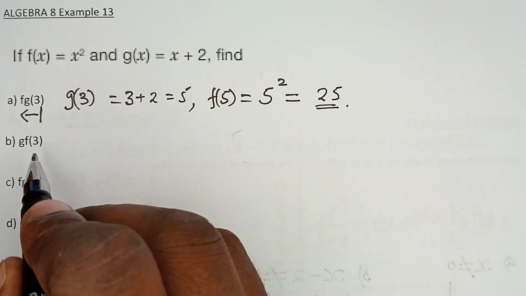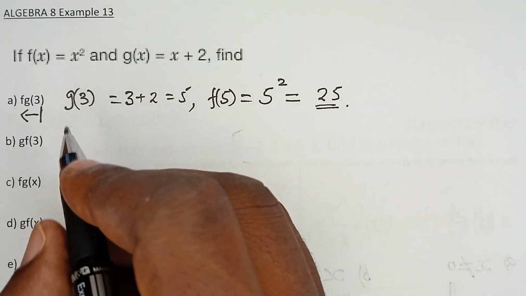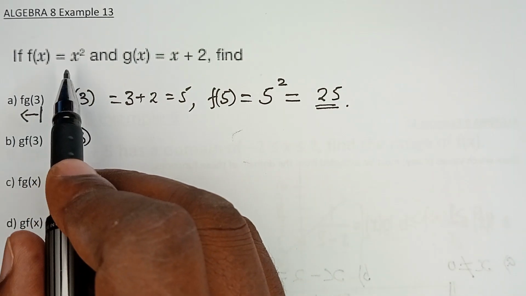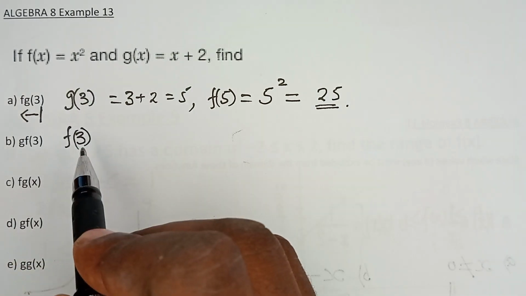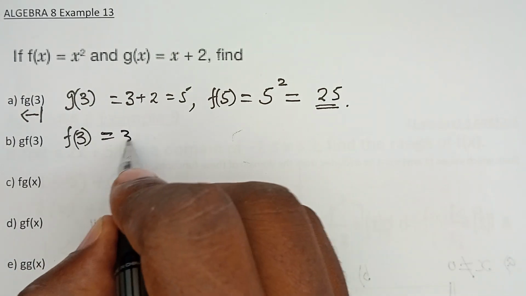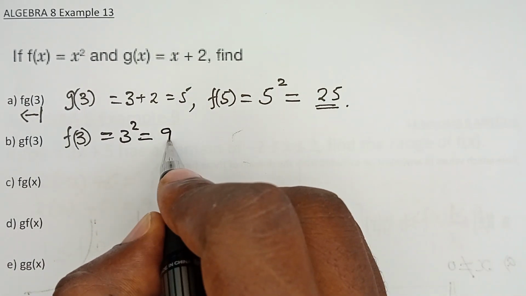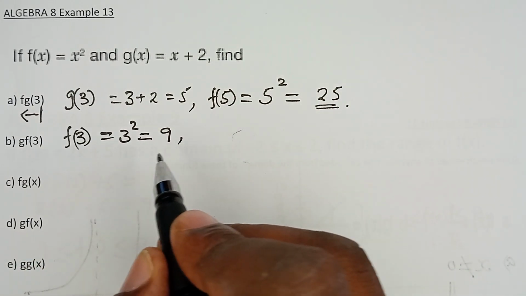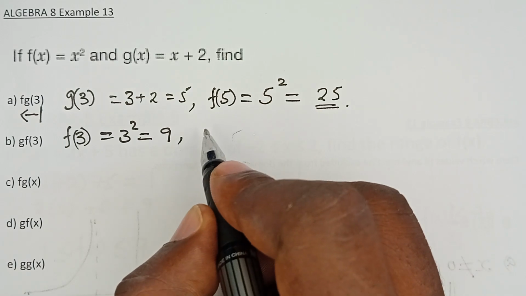What about gf(3)? Now, instead of starting with g, we start with f. So we have f(3), and the function f demands that we square every domain. This means 3 squared, giving us 9. And now it is the 9 which becomes the domain, or the raw material, of g.